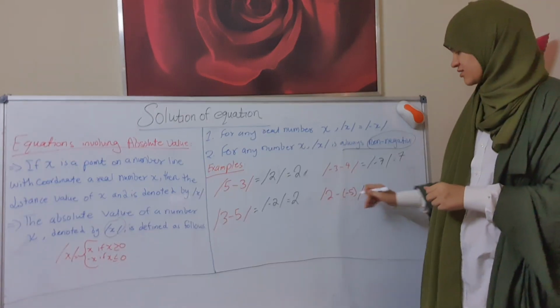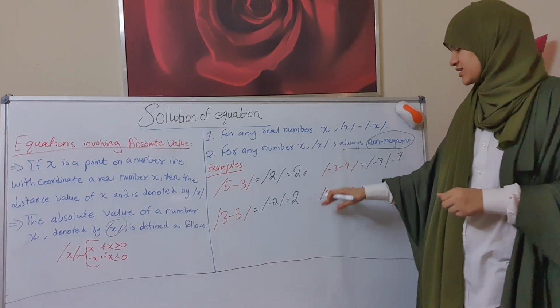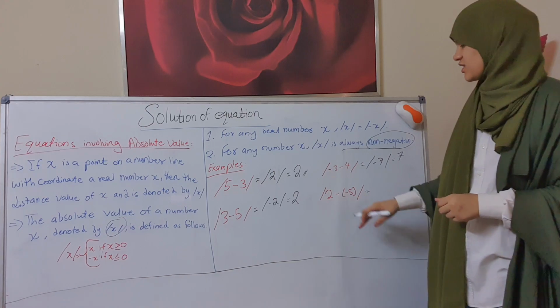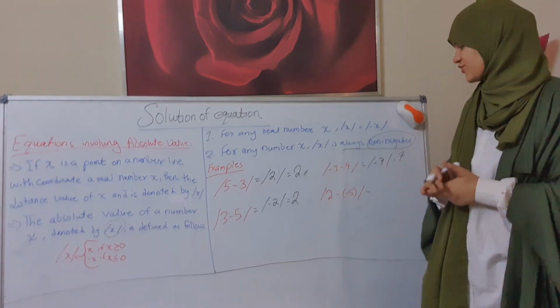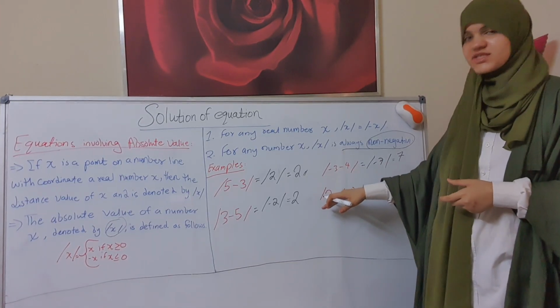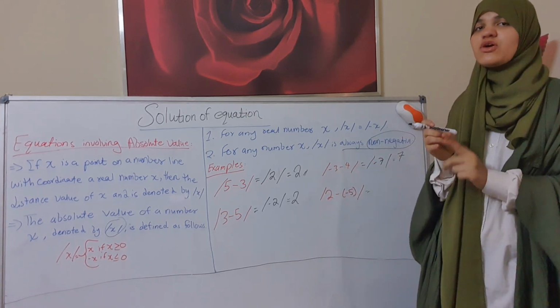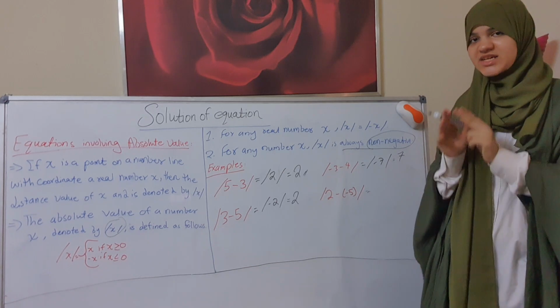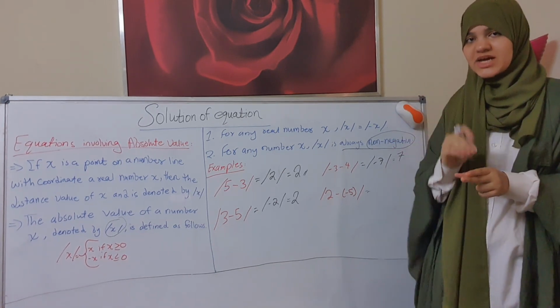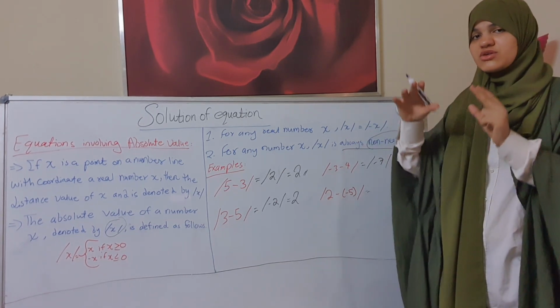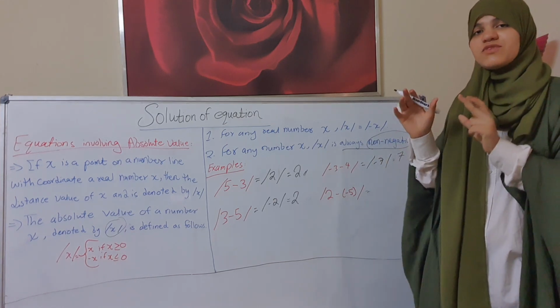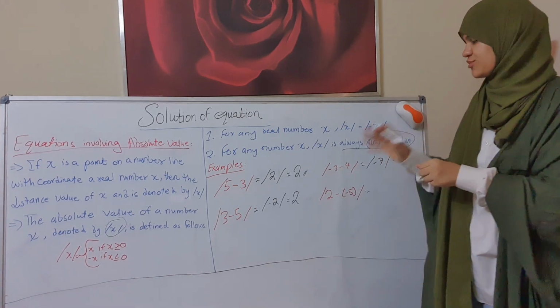Now what will this make: 2 minus bracket minus 5 inside the absolute value. First of all, here we have a negative outside the bracket directly, and the sign, number or variable directly outside the bracket multiplies the numbers, signs or variables inside the bracket.